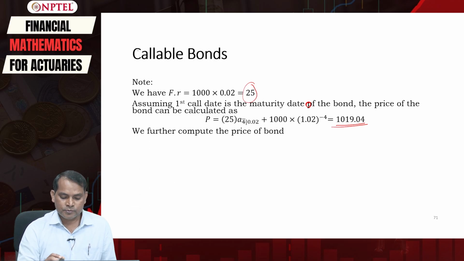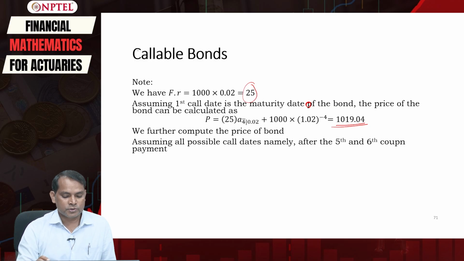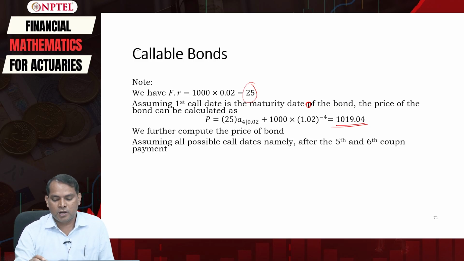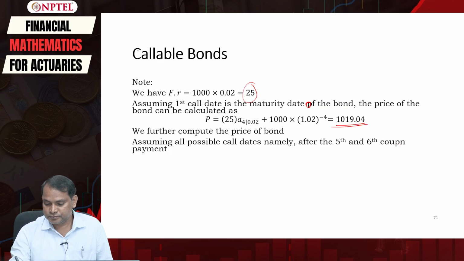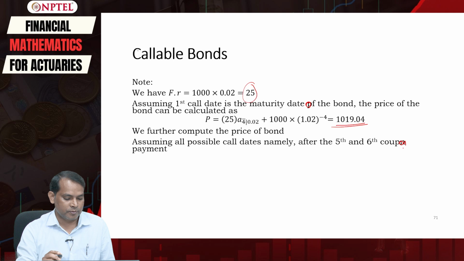We further compute the price of the bond at different dates, assuming all possible call dates, namely after the 5th and 6th coupon payments.